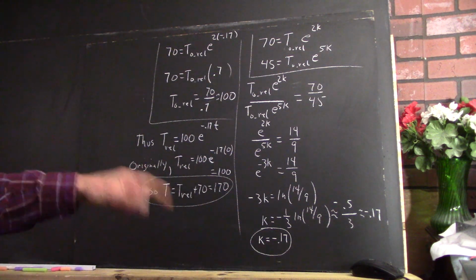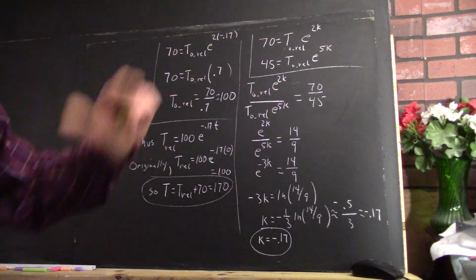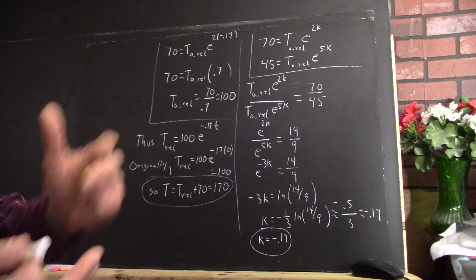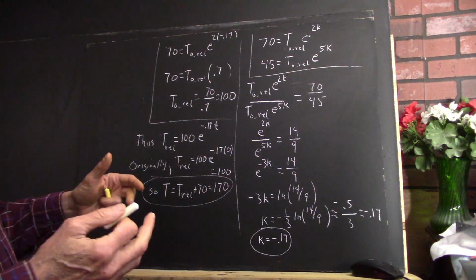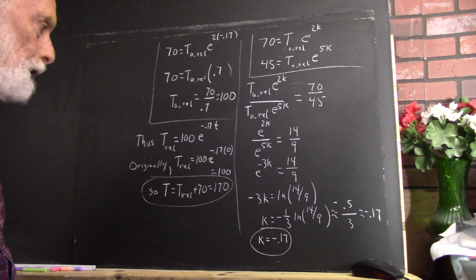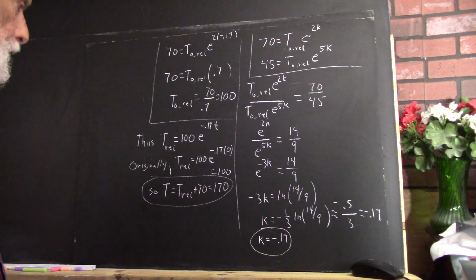Because, of course, T relative is our temperature relative to 70 degrees. If our temperature is 100 degrees relative to 70 degrees, that means it's 70 degrees more than 100 degrees, or 170.